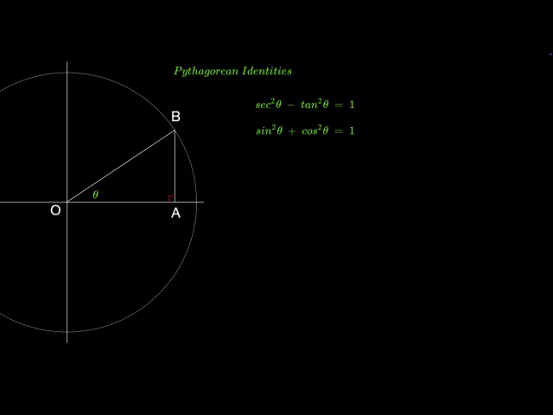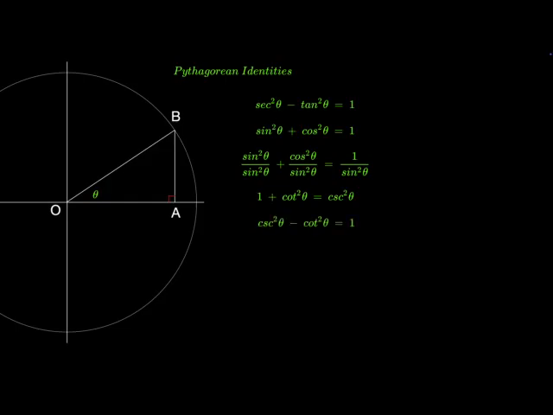Starting again with the sine squared of theta plus the cosine squared of theta equals 1, we can divide through by sine squared of theta. Note that the cosine over the sine is the cotangent and 1 over the sine is the cosecant. So we have 1 plus the cotangent squared equals the cosecant squared of theta.